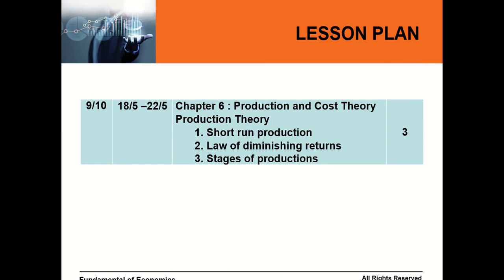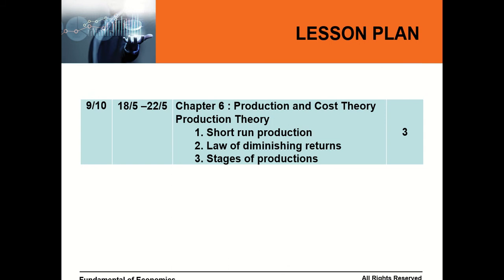As for the long run production, we have a law that we call return to scale. Basically it depends on the time frame given to you. Is it short run or long run? If it is short run, then it is called law of diminishing return. If it is long run, it is called return to scale.